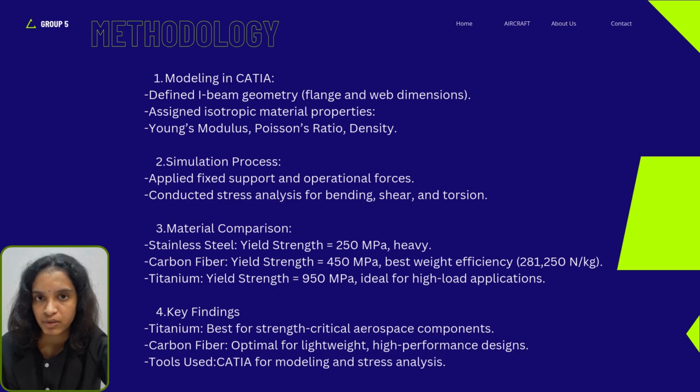Carbon fiber, known for its lightweight properties, had a Young's modulus of 70 gigapascals, a Poisson's ratio of 0.3, and a density of 1,600 kg per cubic meter. Titanium, recognized for its exceptional strength, was assigned a Young's modulus of 110 gigapascals, a Poisson's ratio of 0.3, and a density of 4,500 kg per cubic meter.